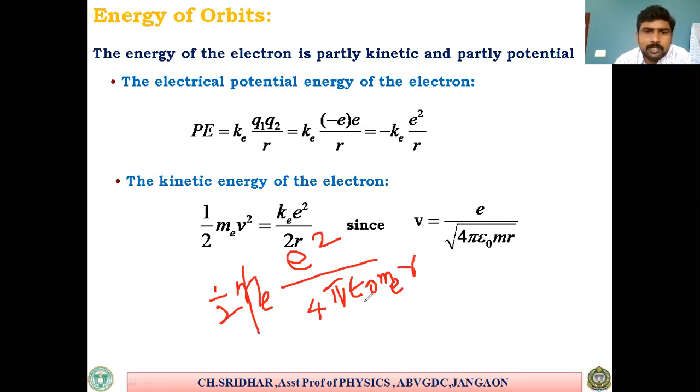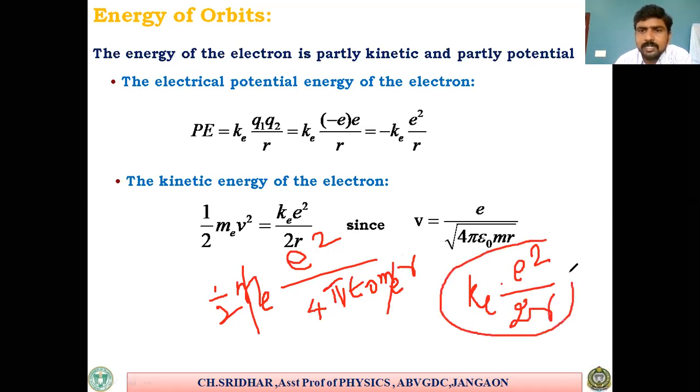So this m_e cancelled, and this 1 by 4 pi epsilon naught is K_e into e square by, so this is 2 into r. So K_e into e square by 2r is the expression for the kinetic energy with a positive sign.